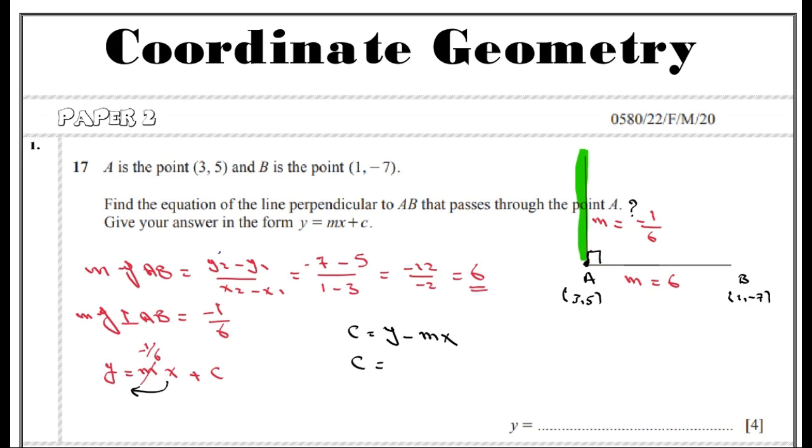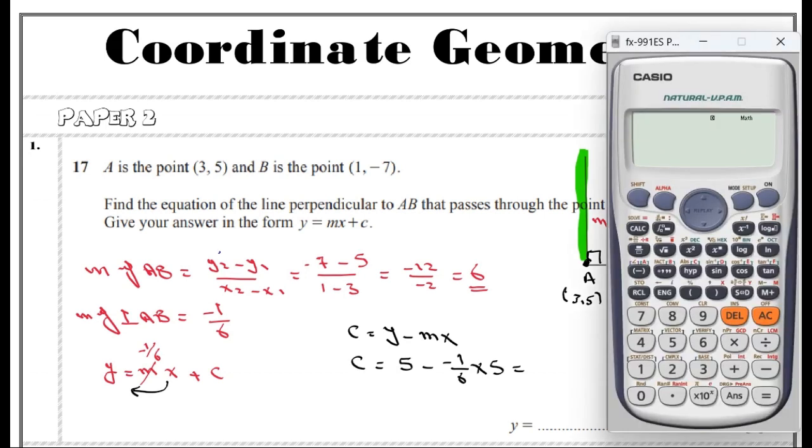Now we will use the point A because the line perpendicular to AB is passing through A. x is equal to 3, y is equal to 5, and the slope is equal to negative 1 over 6. So we can find the value of c using our calculator.